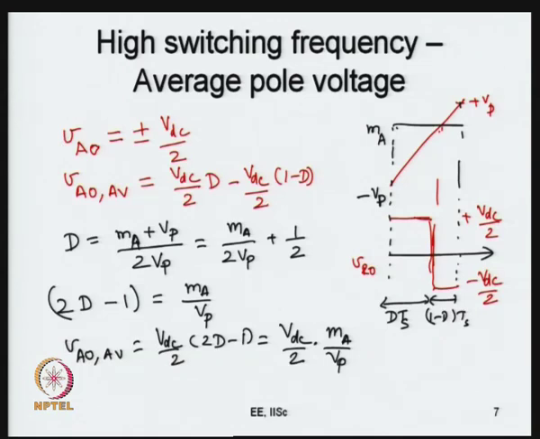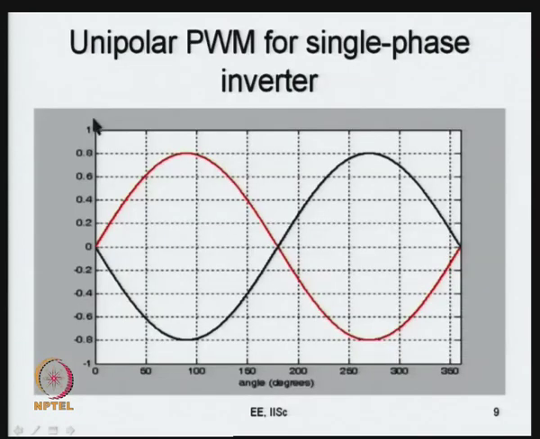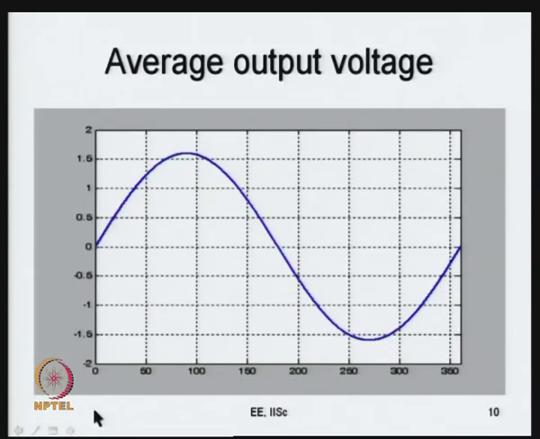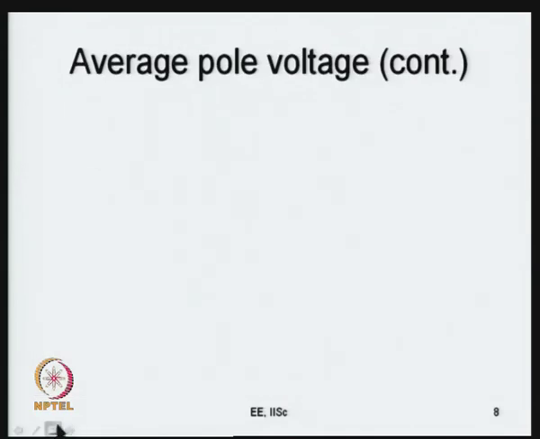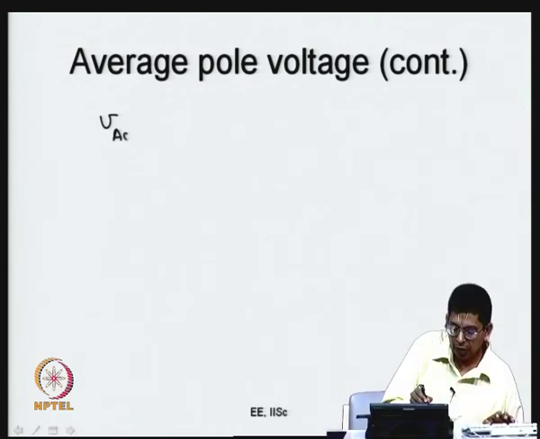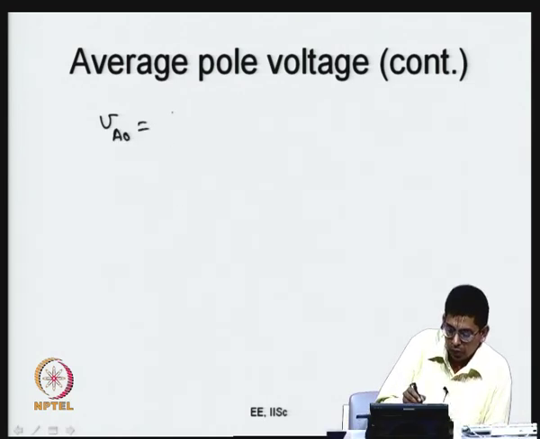Why do you do this now? If you have VA as the average pole voltage, I may rewrite it here. So, I have VAO as MA by Vp times Vdc by 2.